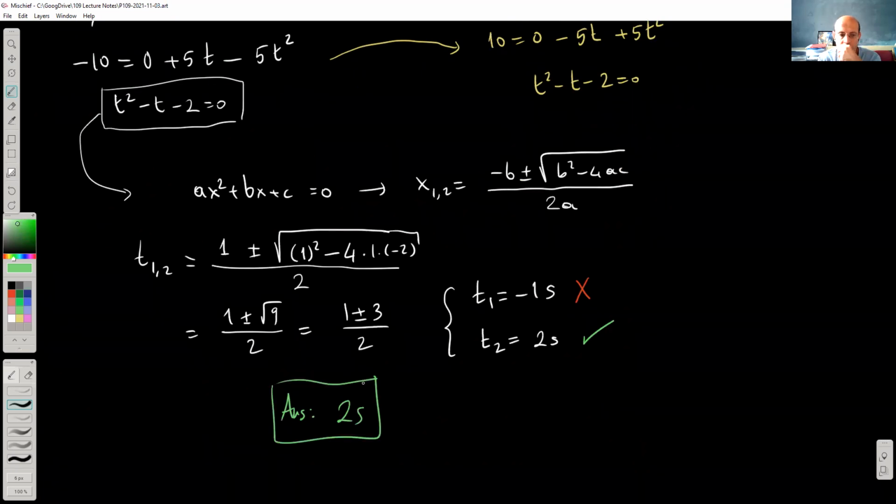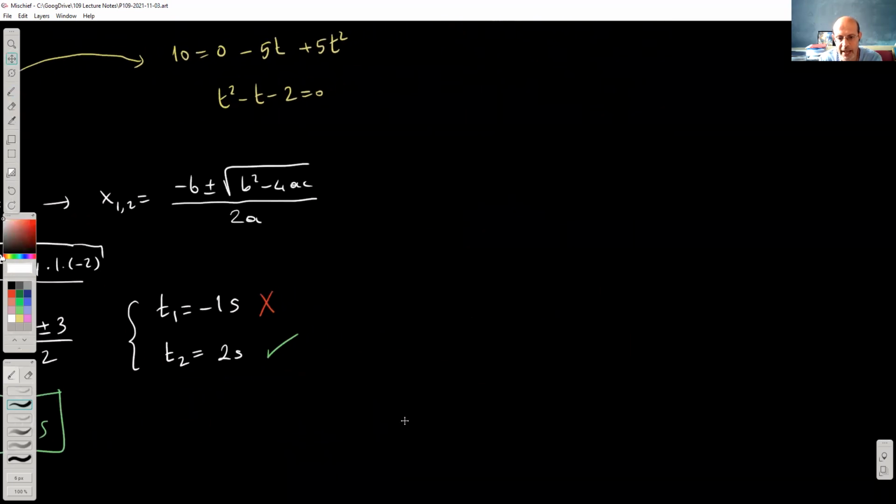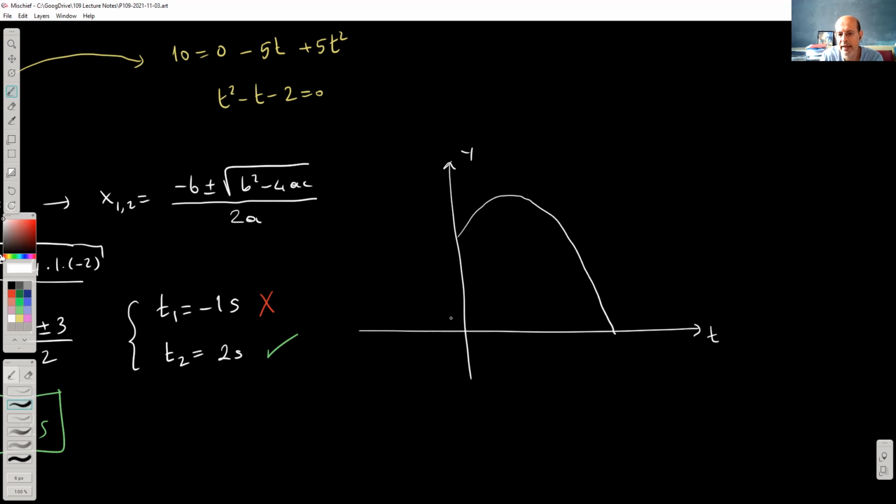Okay. I don't know if you have any questions in here. Let me also explain the same thing on the position versus time graph. So the position versus time graph looks like that, basically. It's a parabola, but the motion starts from here.